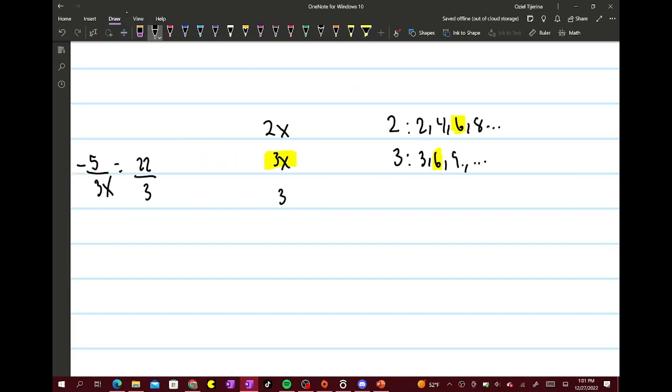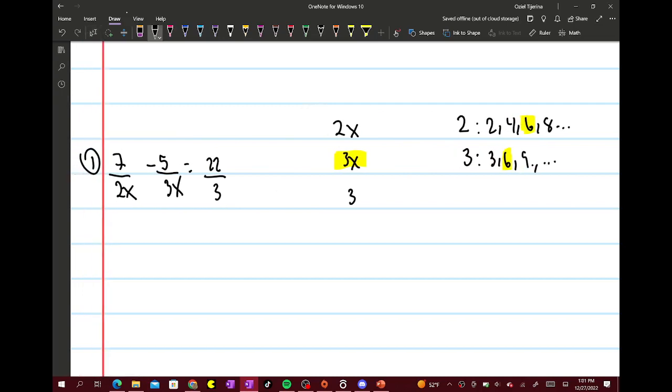Now, here's the thing. They also have to have a common term of x, because we're dealing with variables here. There is no way that I can just make 2x or 3x into just 6. It has to be with the variable.